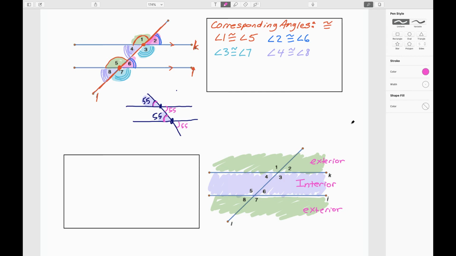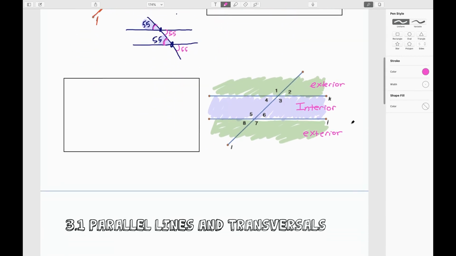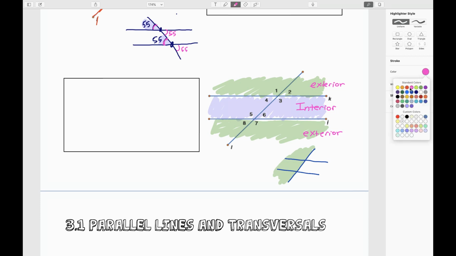Now another thing that you're going to notice, and I'm going to go ahead and throw this on here. We also have, in this particular case, a left side of the transversal and a right side of the transversal.